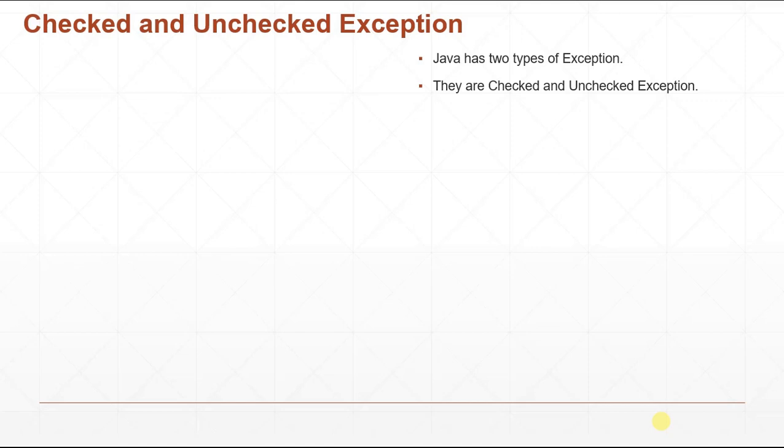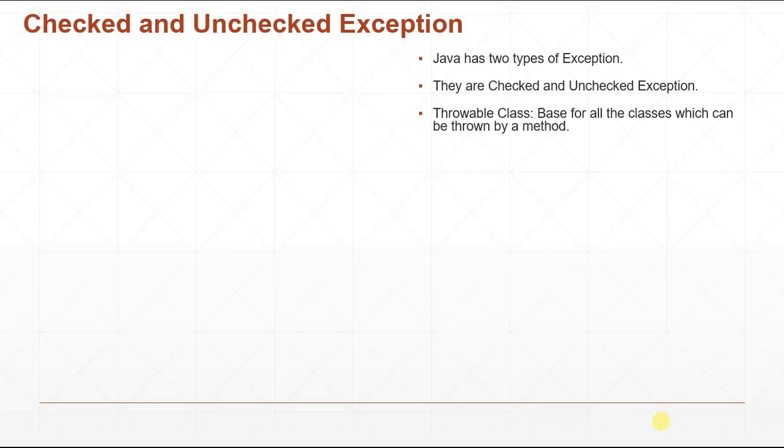So before we dig into checked and unchecked exception, let us look at the hierarchy. Then we will learn which one is checked and which one is unchecked exception. So we may hear that the JVM threw an error and this piece of code threw some exception.